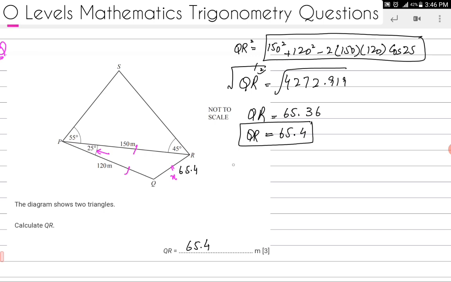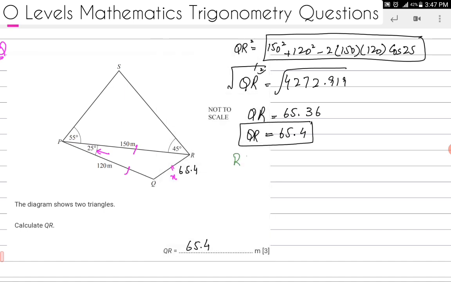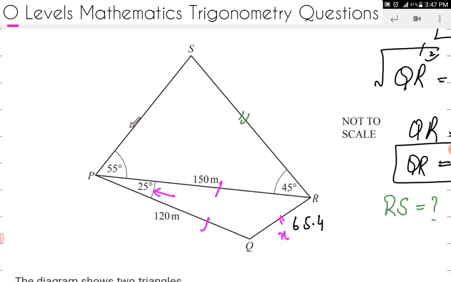In B part, we need to find RS. In the next part, we need to find this side. Okay. Now in this question, if you see, we have a triangle with P, R and S, in which this angle is 55, this is 45, and this is the side given.